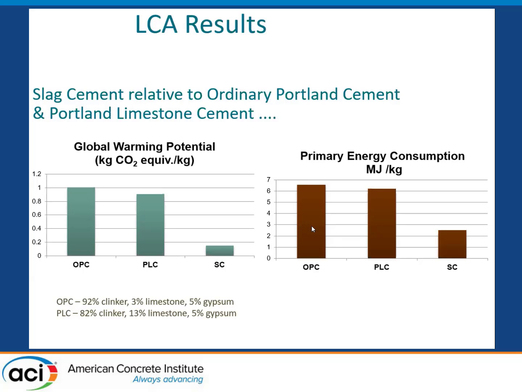We also see energy reductions, because when we're using ordinary Portland cement the energy is about 6.5, and with PLC we've got a reduction there. With the slag cement, we have a much larger reduction, because most of the energy inputs and impacts for slag cement come from the creation of the blast furnace slag to make steel.